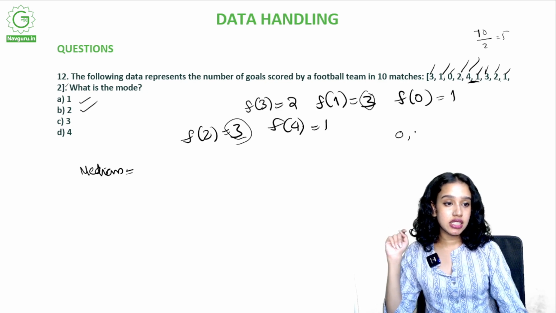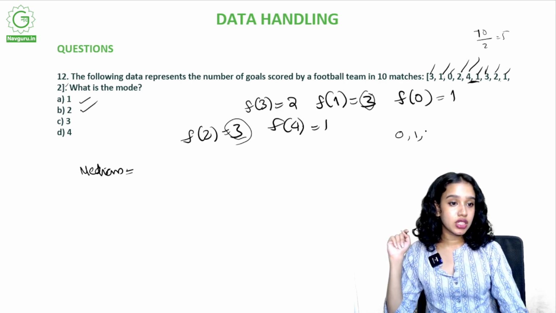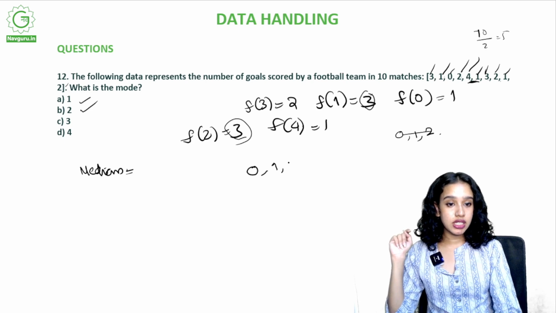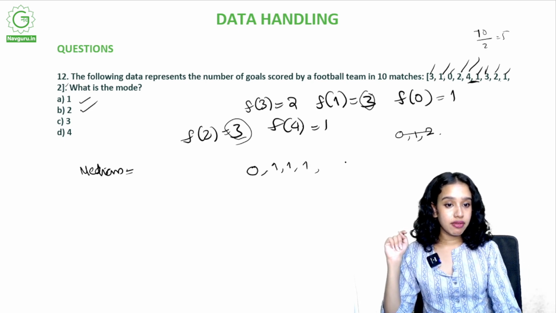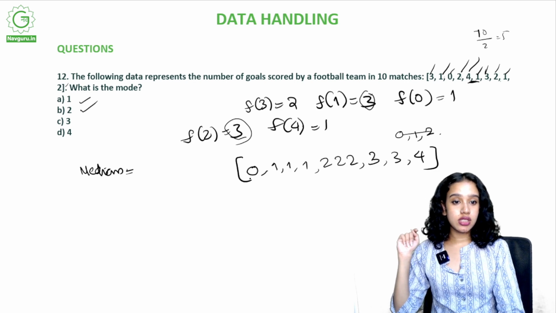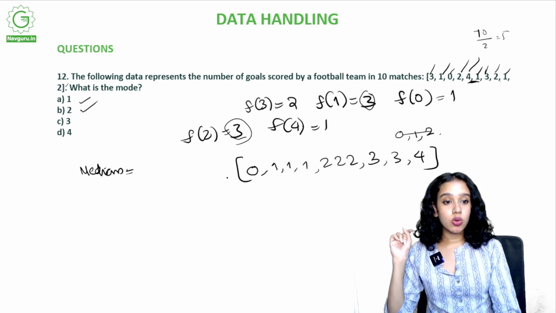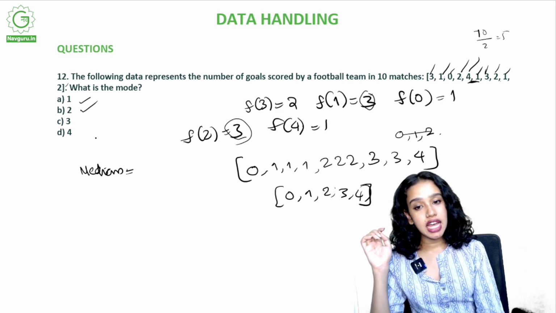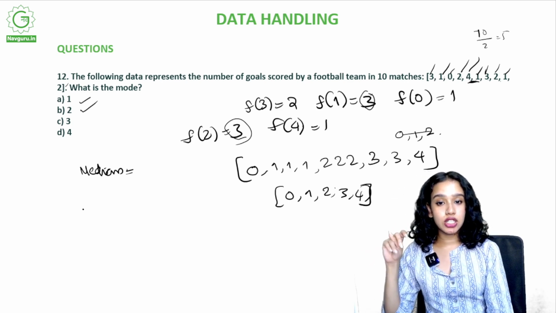If you're arranging it as 0, 1, 2, how many ones are there? We have 0 and we have 3 ones, we have 3 twos, we have 2 threes, and we have 1 four, right? So this is the set of data we have. Let's simplify it and write it as 0, 1, 2, 3, 4. So what is the median of this?